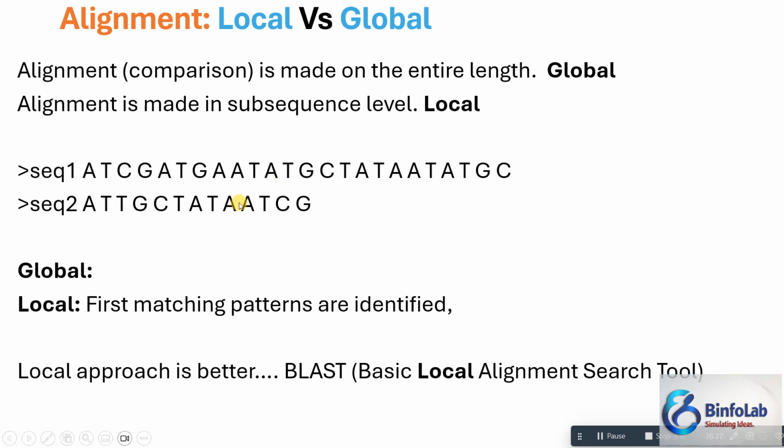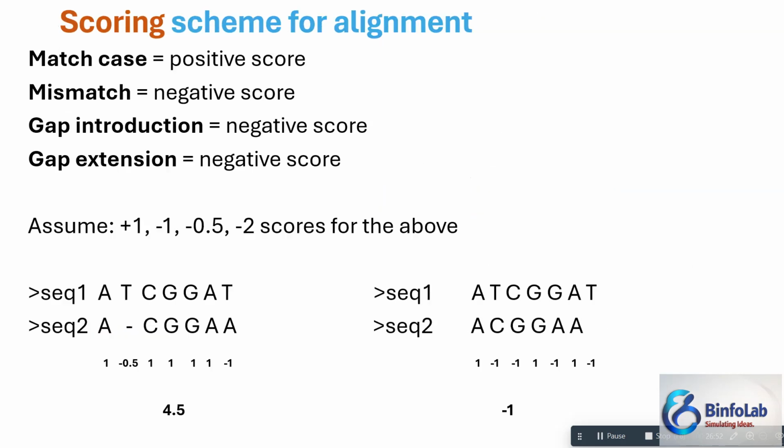What I mean by an alignment made at the subsequence level is local alignment. Concentrate on this A, T, C; this is, let's say, sequence 1 and this is sequence 2. If we make the alignment just like this, keep sequence 1, keep another sequence, present gaps, calculate the score, and decide which is related and which is not, it's too easy, but it can lead you to a mistake.